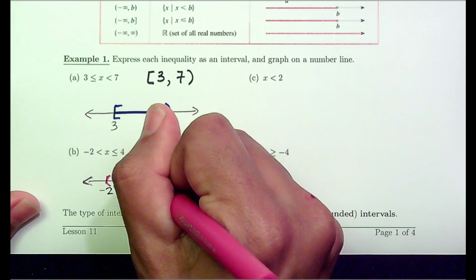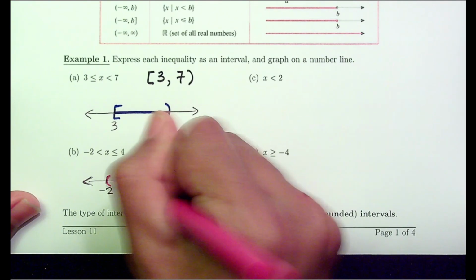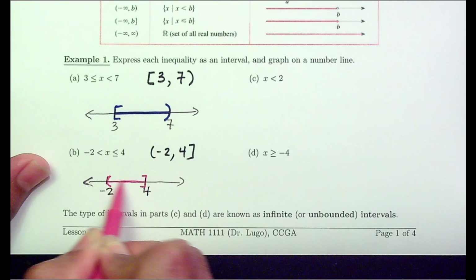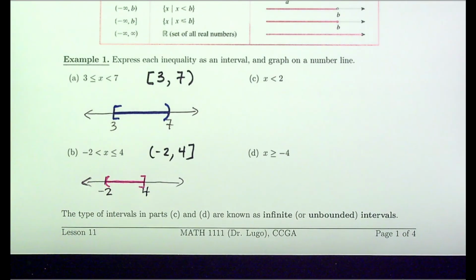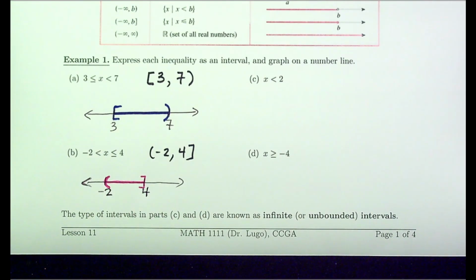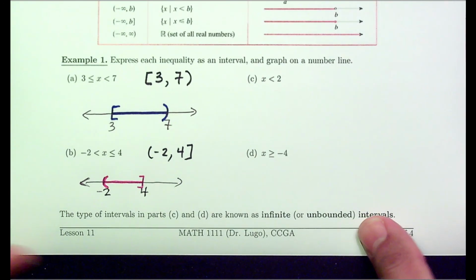And you want to include 4, so a bracket there. And you want all the numbers in between. Okay, so that's the picture for that inequality. That's the graph, we call it the graph.